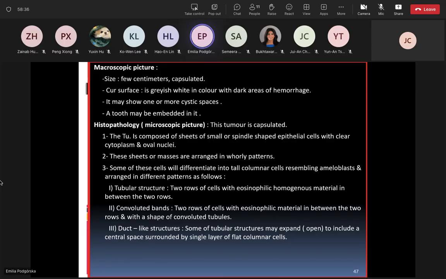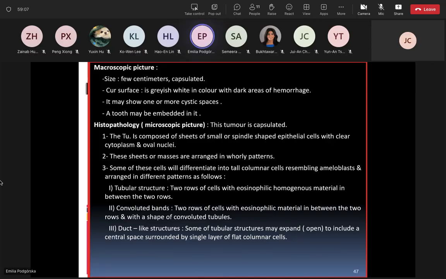Histopathology, microscopic picture: this tumor is encapsulated. The tumor is composed of sheets of small or spindle-shaped epithelial cells with scanty cytoplasm and oval nuclei. These sheets of masses are arranged in whorled patterns. Some of these cells will differentiate into tall columnar cells resembling ameloblasts and arranged in different patterns as follows.